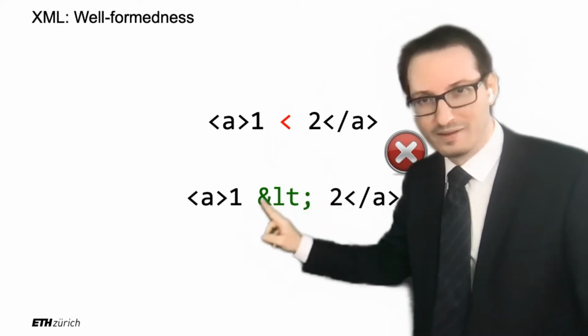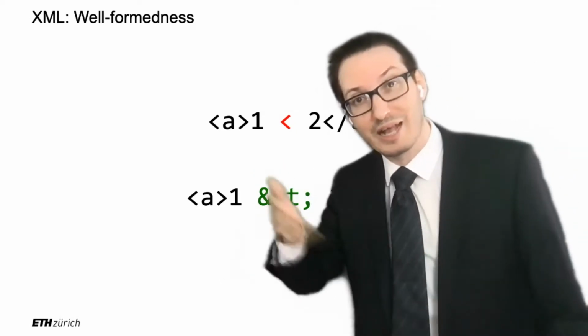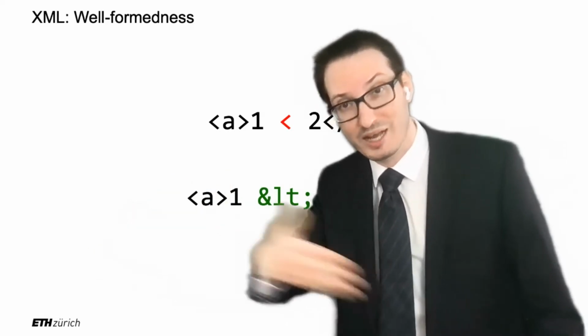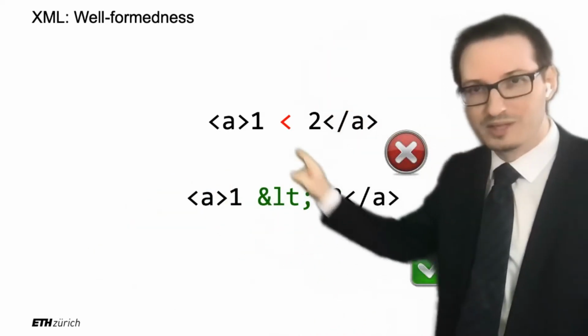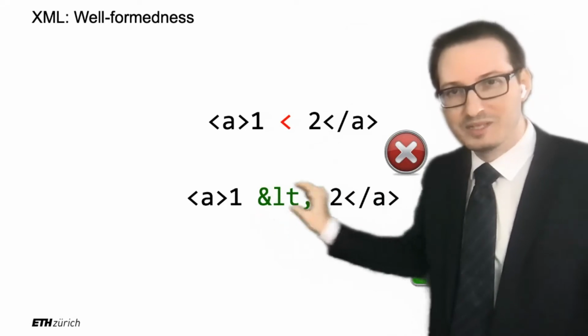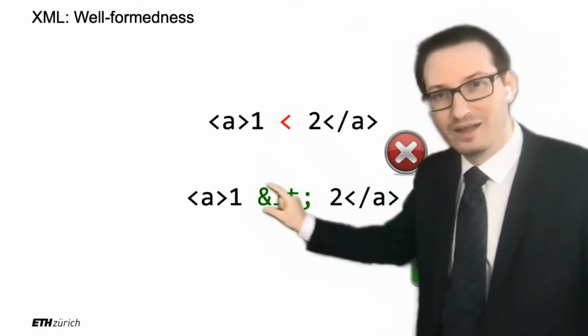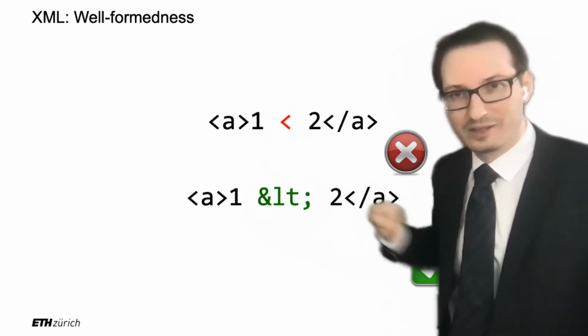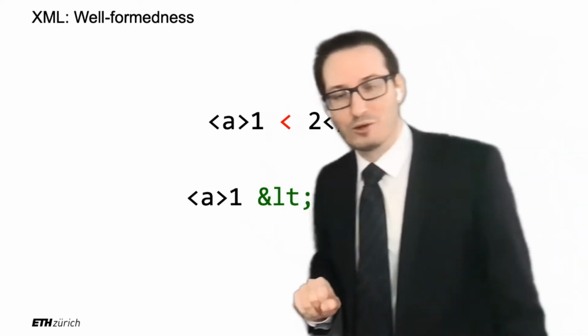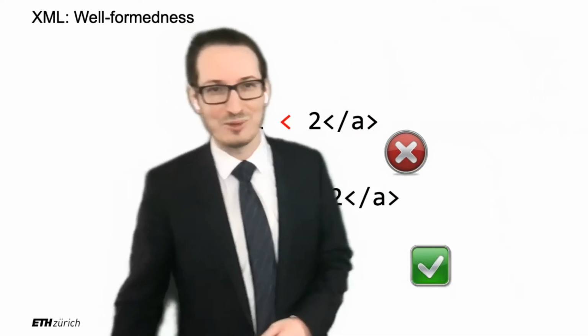LT is for lower than. This is called an escaping. That's just like the backslash n in JSON for the new line. Here it's an escape of that. That basically means this is actually this character, but since I'm not allowed to write it directly, I just escape it in that way, right? Ampersand, by the way, is called ampersand. I like to tell this anecdote.